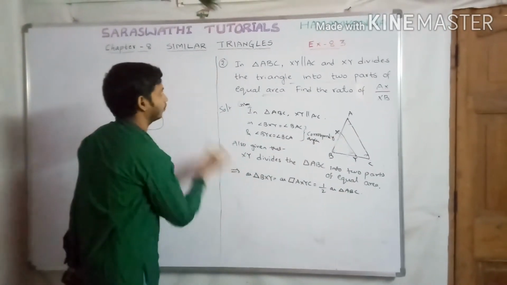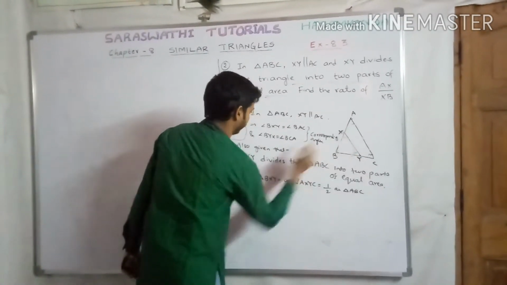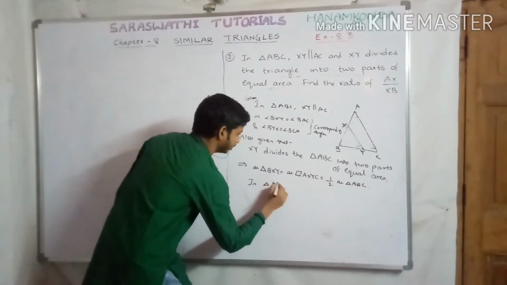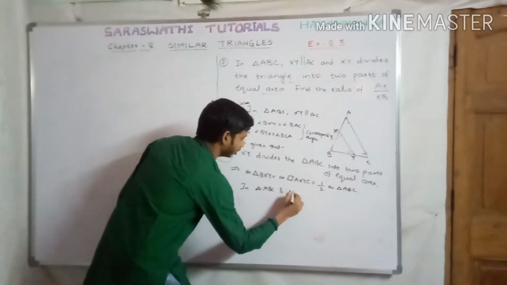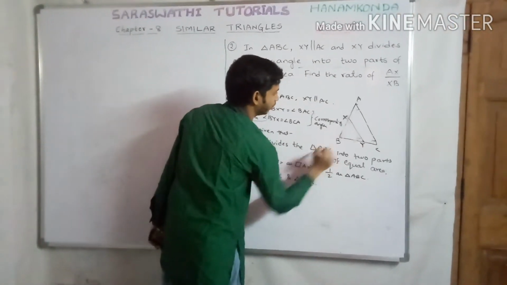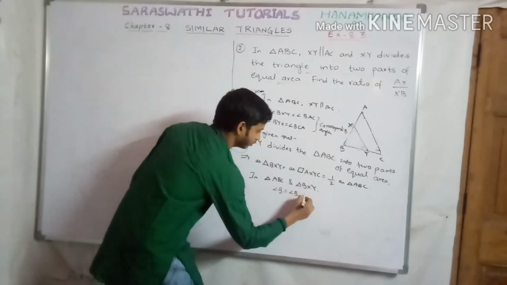Now, in triangle ABC and triangle BXY, both triangles have angle B as common. Angle B equals angle B, the common angle.